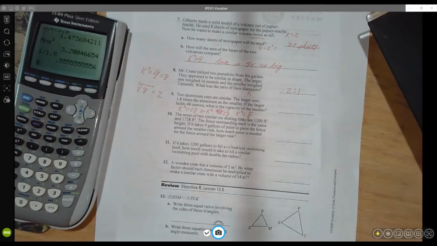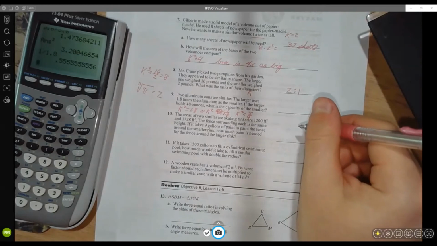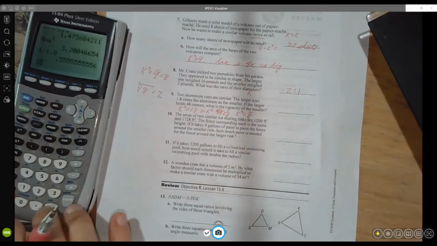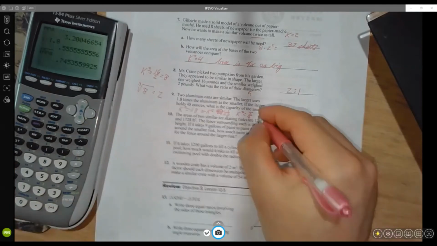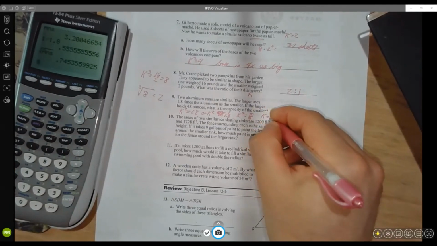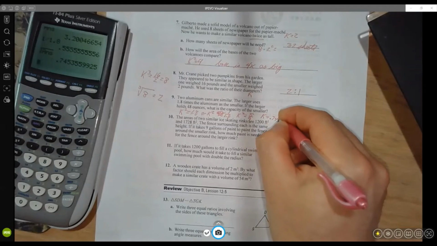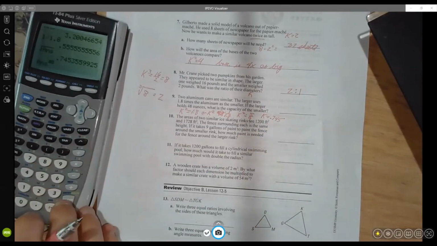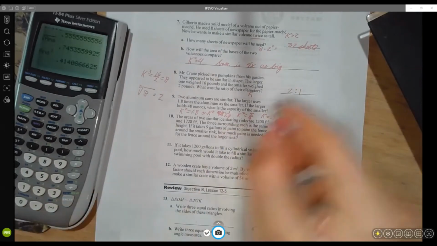So how do I go from K squared to K cubed? Well, the way that you would know how to do it is to first take the square root. So that will give us K. So K is 0.745. And then I'm going to cube it. Notice I'm not rounding right now. I'm just using the answer in my calculator so I don't have any rounding error.